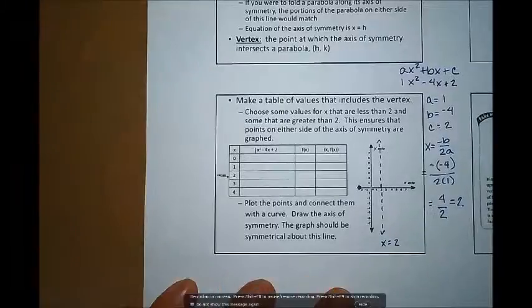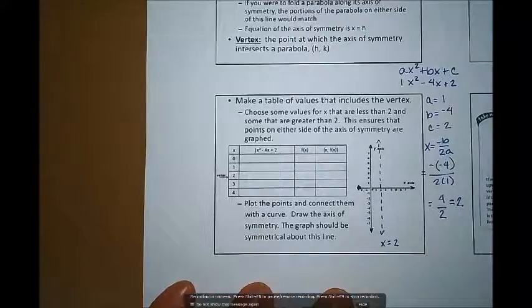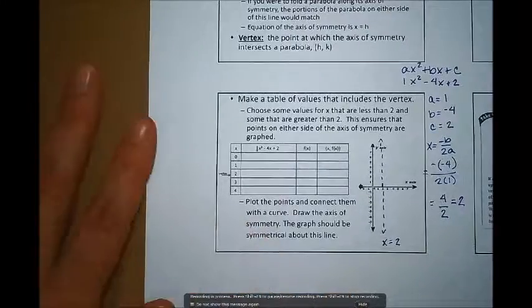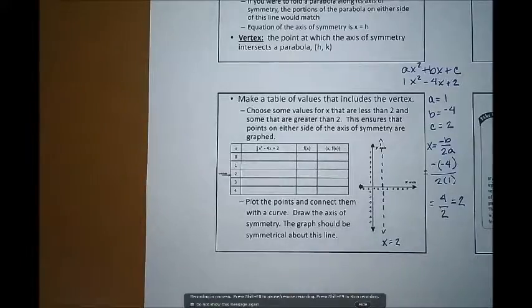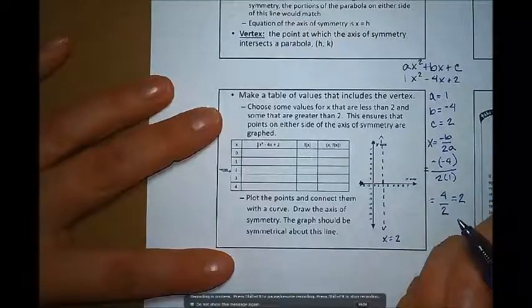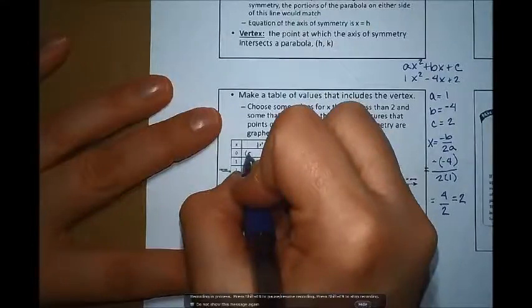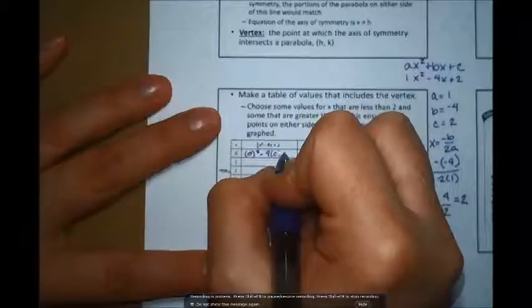So, then you want to pick some points for your table that are on either side of x equals 2 and plug those points into our equation. And the best way to do this, because you're going to just stick them in your calculator, is to put a parenthesis wherever you have an x and just fill in the numbers. 0 squared minus 4 times 0 plus 2.